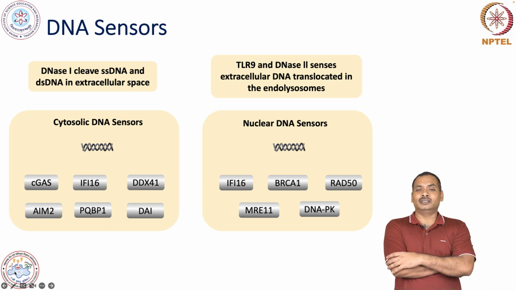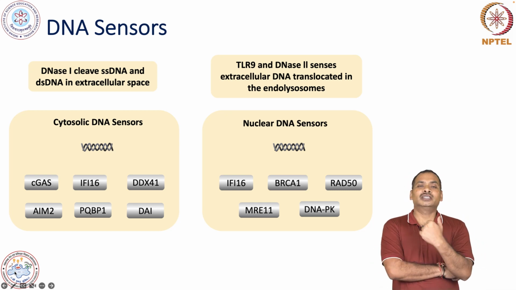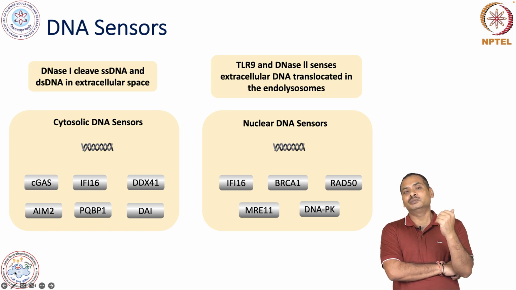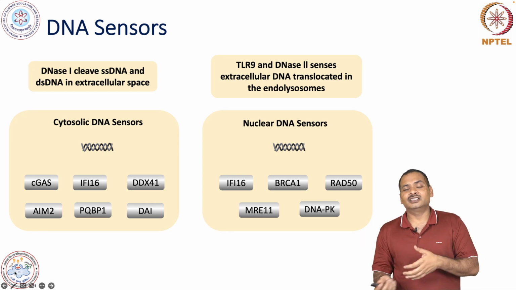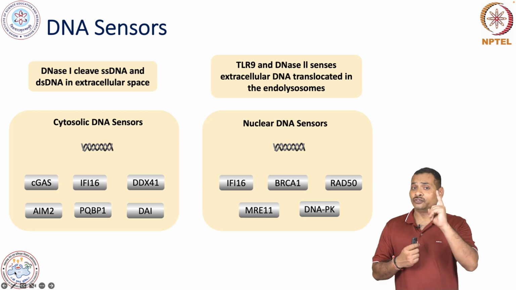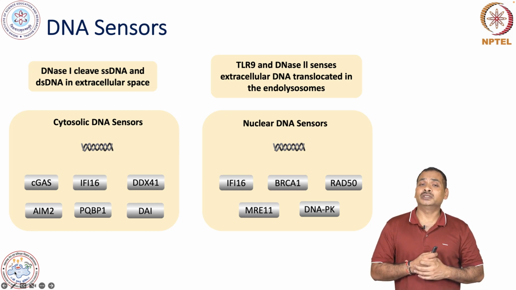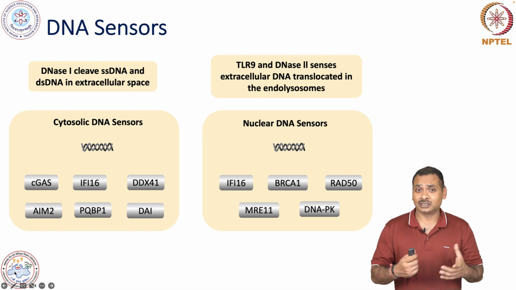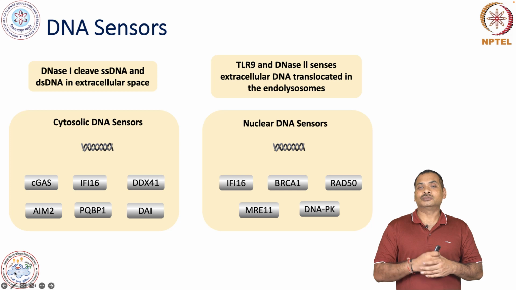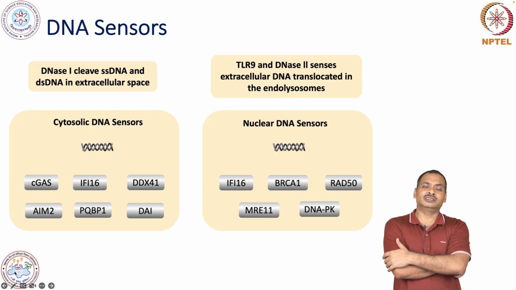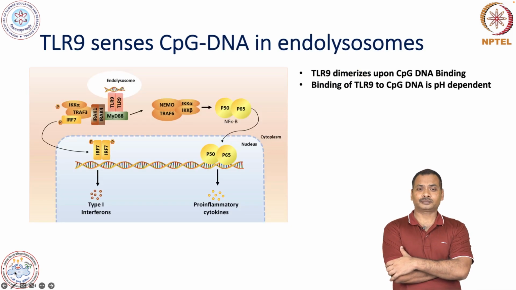If foreign DNA comes, it will either be digested by enzymes or sensed, and there will be production of inflammatory cytokines and type 1 interferon. One more very important response is that the cell will undergo apoptosis. This is another possibility.